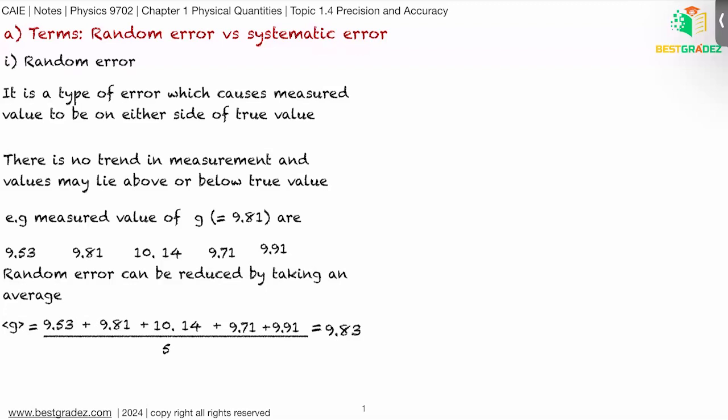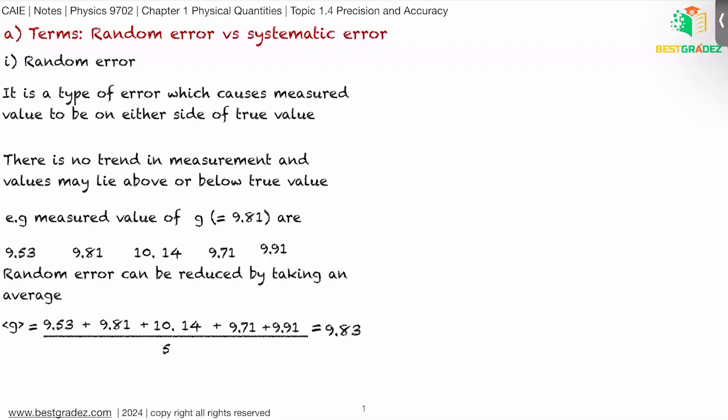Okay? So there's no need to debate on what are the examples, and sometimes the example can be random or systematic, both or whatever. It all comes down to the nature of the error. If you see randomness in the measured value, it is a random error. Even like parallax error can be random.